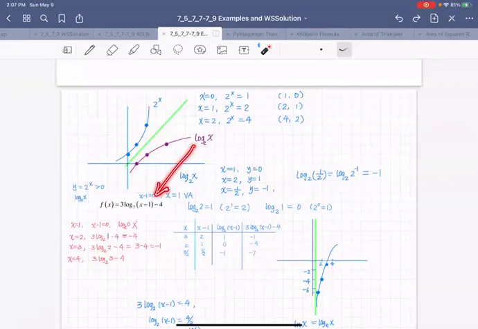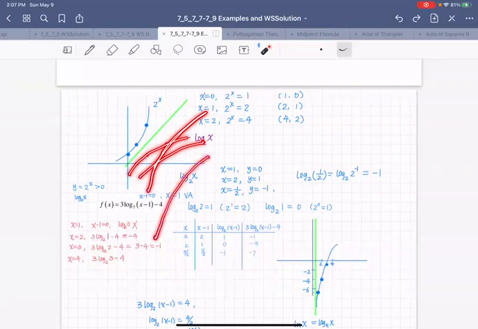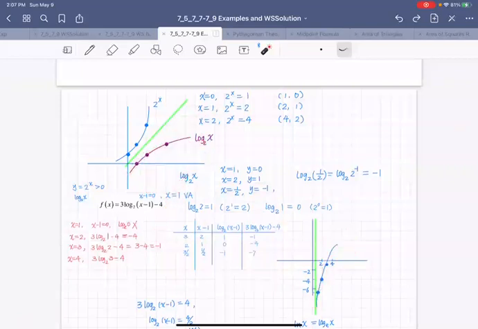You shift to the right by 1, you have a vertical stretch by 3, and then you shift down by 4. That's why the graph here looks like this. The original one is increasing, and this one just has a vertical stretch and a vertical shift down, so it is still increasing.